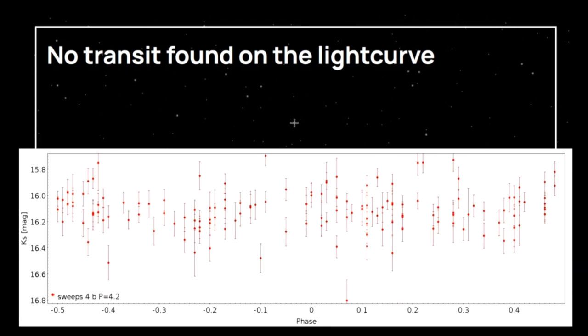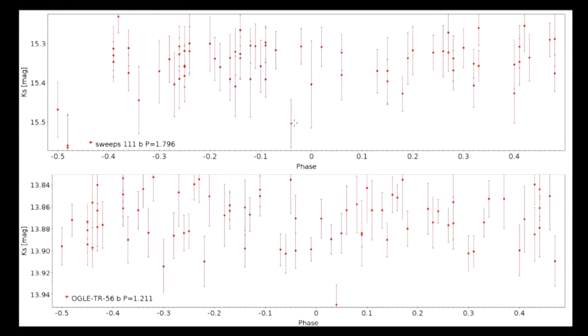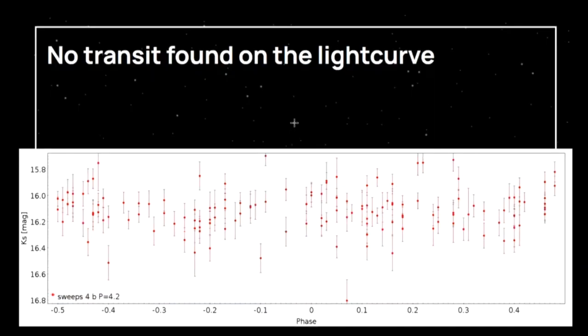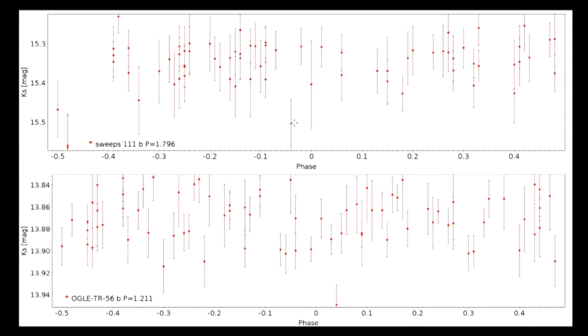So we have a large time baseline, but we can't get anything from it. If you are very optimistic, you can see some points here and here, but nothing really good, so we cannot recover the original light curve. We have the three here from SWEEPS 110, and another thing is that these exoplanets have a small magnitude depth, so that can be a reason.